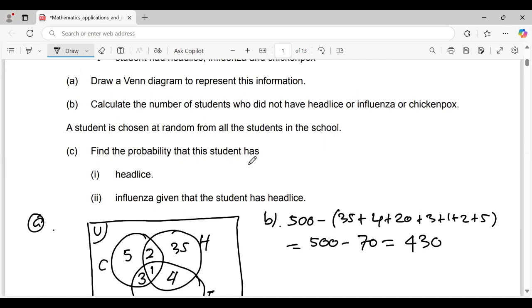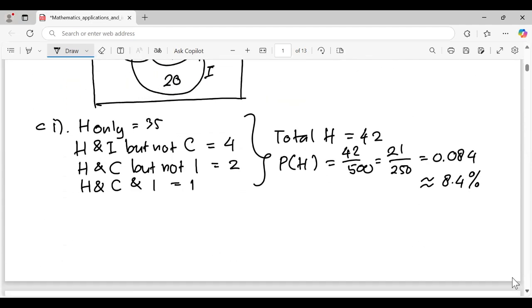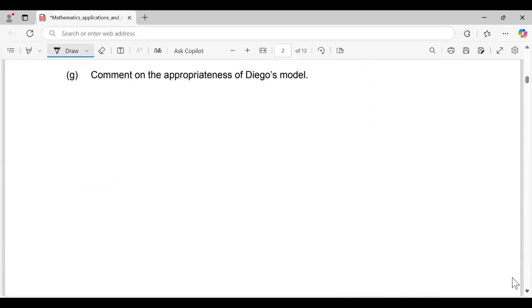Find the probability that the student has influenza given that the student has had lice. Okay, I need more space here. All right. Part B, part 2. Those students had lice and influenza but not chickenpox, 4 students.